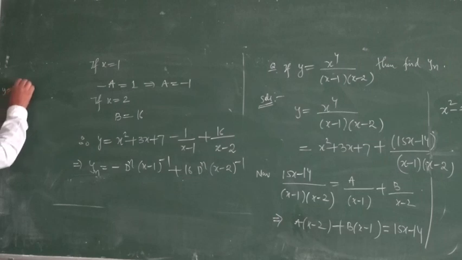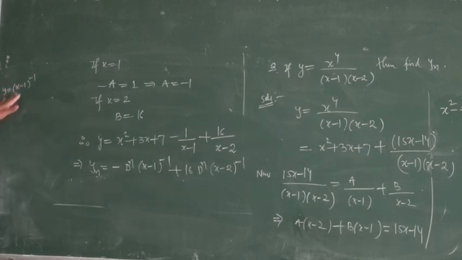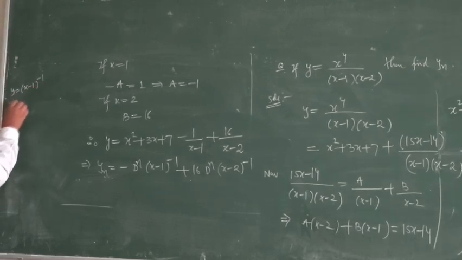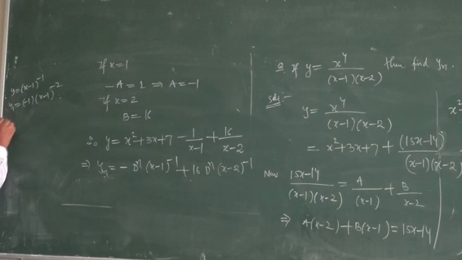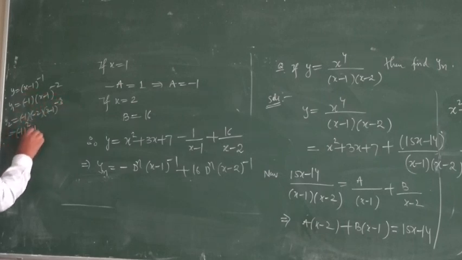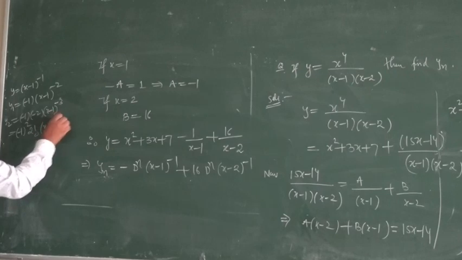If you assume x minus 1 power minus 1 as y, then after one time differentiation we will have minus 1 into power minus 2. Then after 2 times we will have minus 1 into minus 2 into power minus 3. So this is simply minus 1 power 2, factorial 2, x minus 1 power minus 3, which is 1 more than 2. This is the second order derivative.